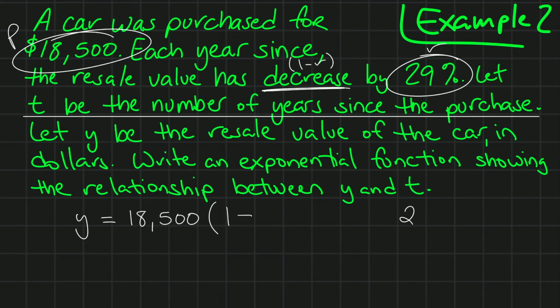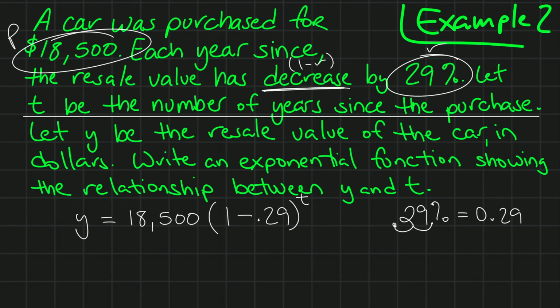To convert that, we move our decimal place 2 places, 1, 2, so it's going to be 0.29. We put 0.29 over here, and then our relationship is with T, for time in number of years.